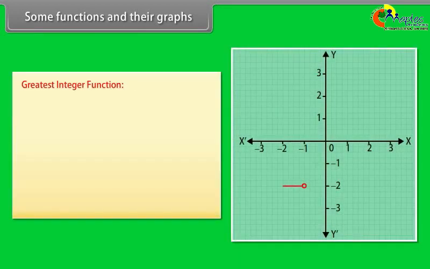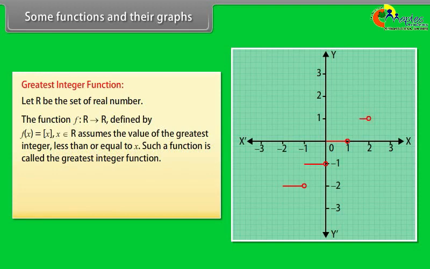Greatest integer function. Let R be the set of real numbers. F is a function from R to R defined by f of x is equal to [x], where x belongs to R assumes the value of the greatest integer less than or equal to x.